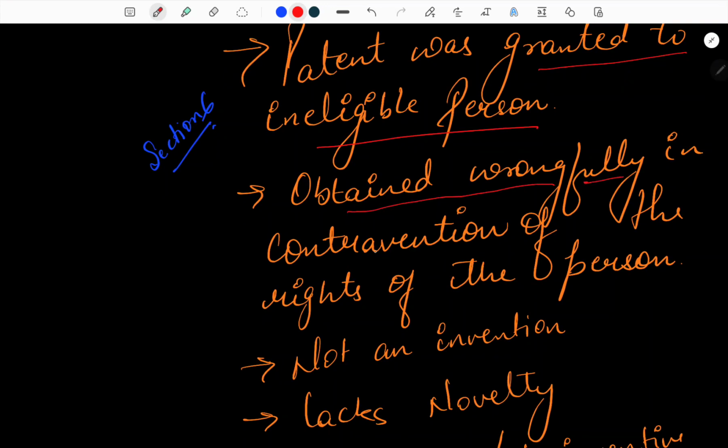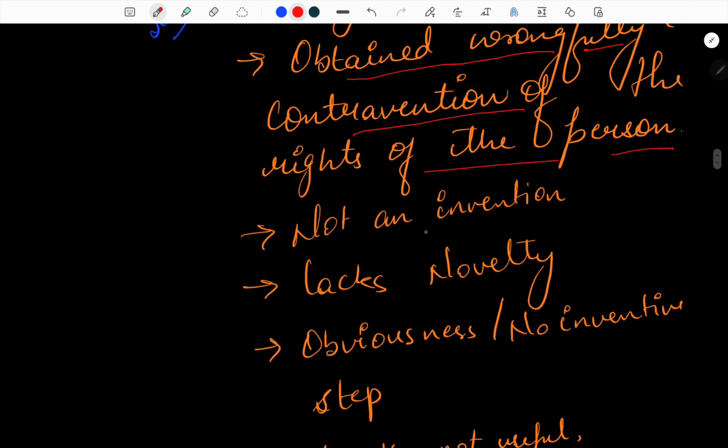If the patent has been obtained wrongfully, in contravention to the rights of the person, then also it can be revoked. If it is not an invention, remember that there are certain conditions for an invention to be called an invention. Section 21J talks about what is an invention. If the conditions of section 21J are not fulfilled, then it again gets revoked.